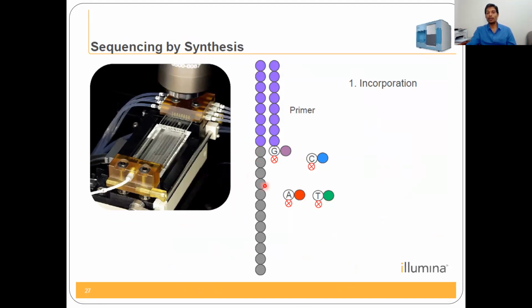After this, we are going to add all the nucleotides. In order to compare with pyrosequencing, there we add one nucleotide at a time. We inject dATP first, and then see the peak of the light, and then wash it out, and then dGTP and wash it out, like that.